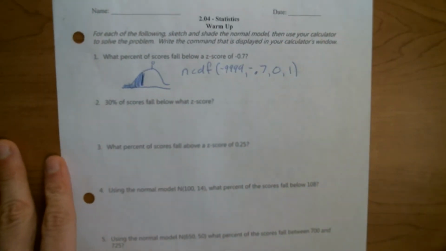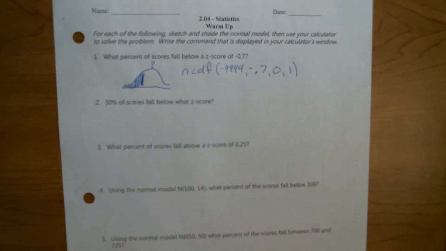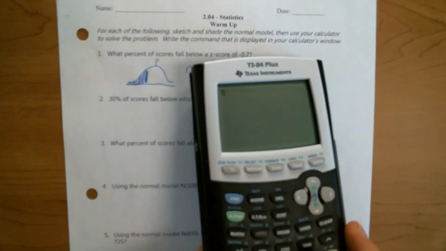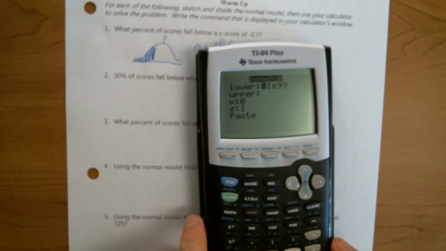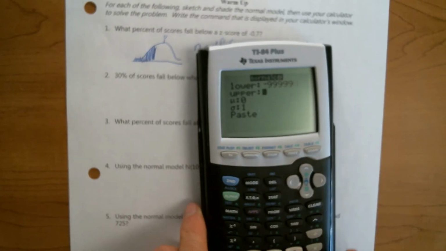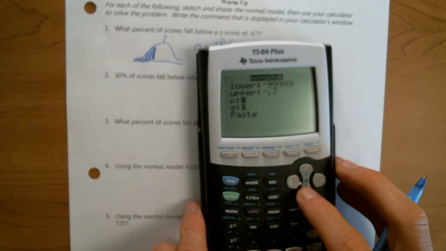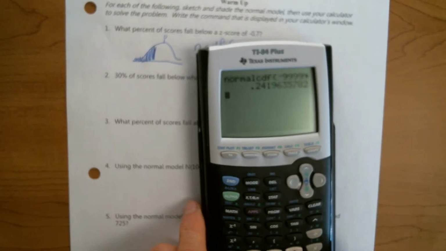And again, for us, that mean and standard deviation is always going to be 0 and 1 all through this unit. So it's just NCDF, negative 9999 to negative 0.7, 0 and 1 can stay the same.